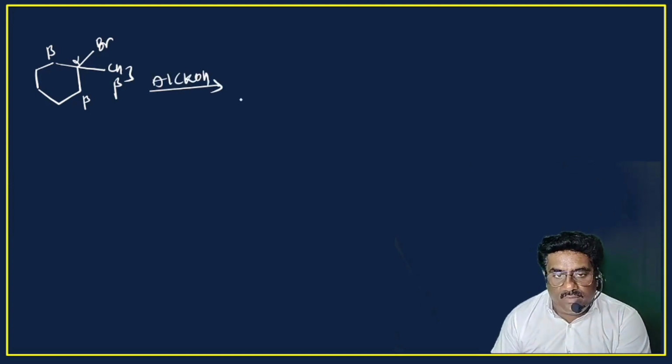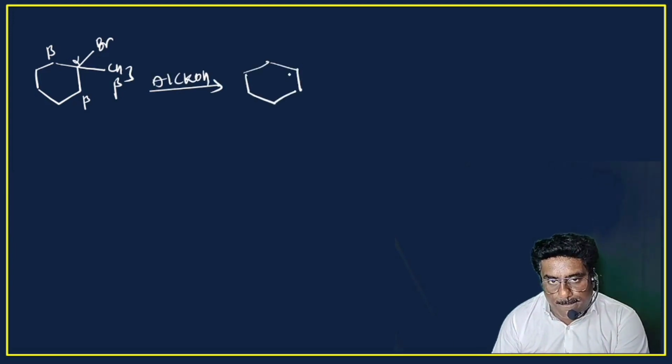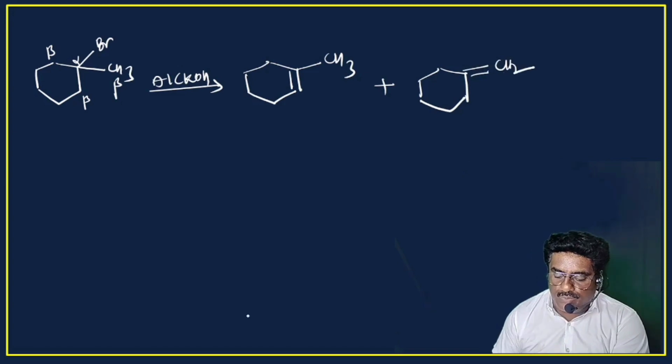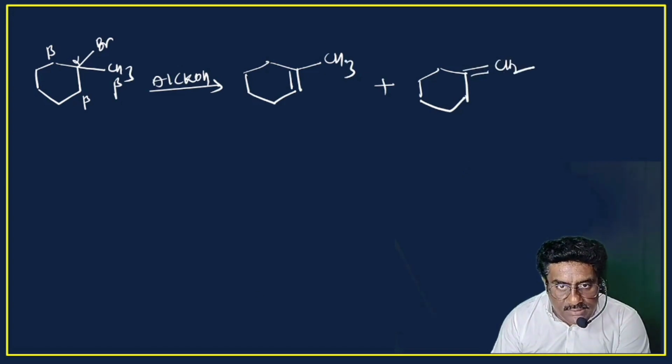First one is CH3 and CH2. In this alkene system, how many alpha hydrogens? Here 2, here 2, 4 alpha hydrogens.